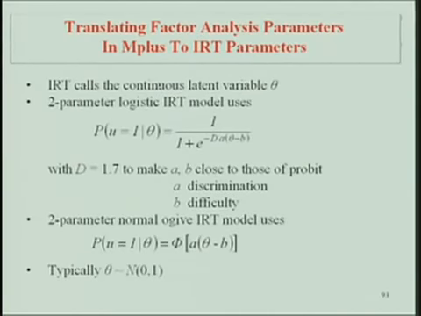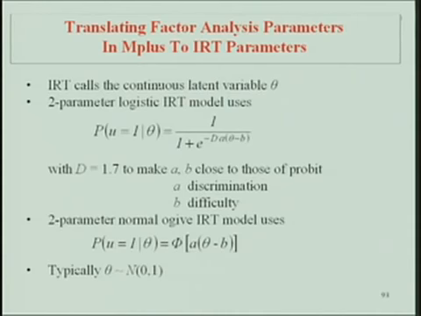And we want to, let's see, slide 93. We want to make you able to go back and forth in an easy way between IRT parameterizations and Mplus factor analytically oriented parameterizations.